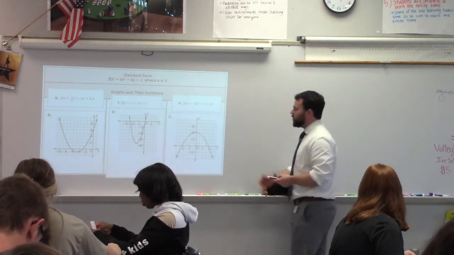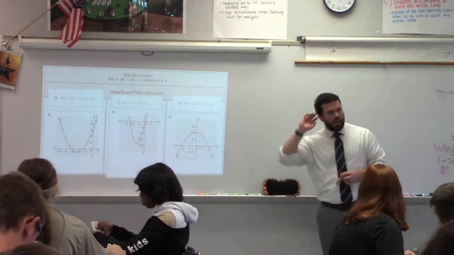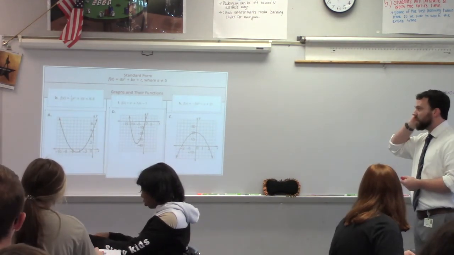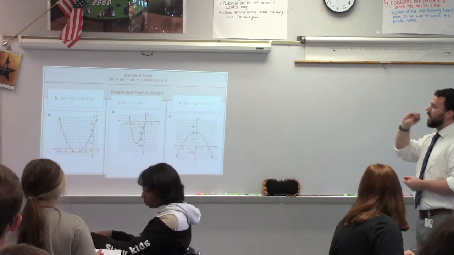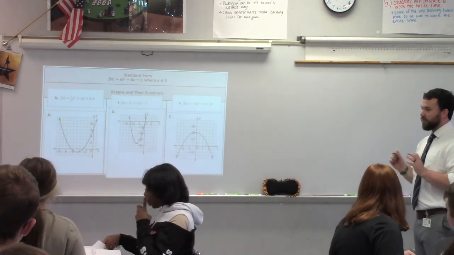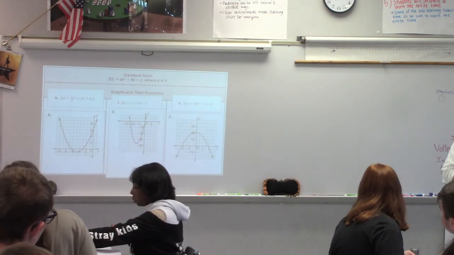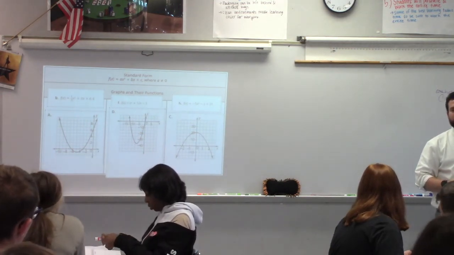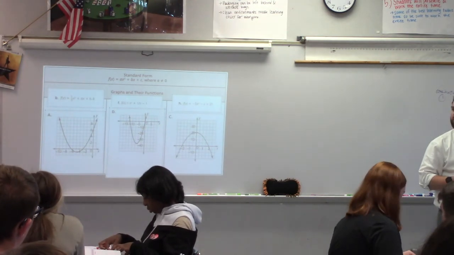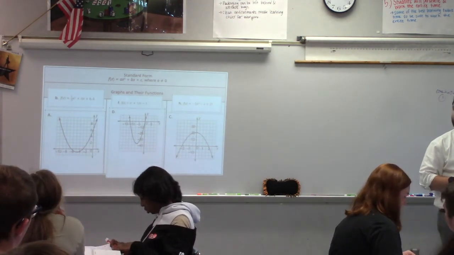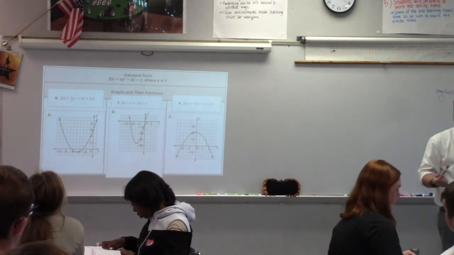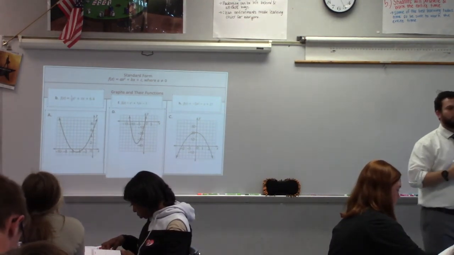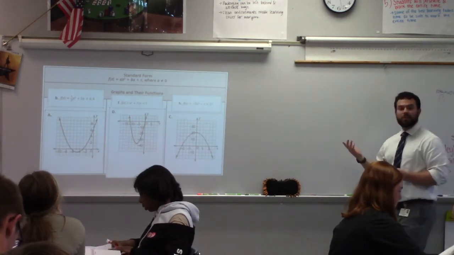A couple of things I do want to point out, because this should be a little bit of a struggle to wrap our minds around. When I look at equations B and F, I'm going to focus on just those two. How could I identify what the axis of symmetry is? Anybody remember? It's the line of symmetry, but how do I figure out the line of symmetry from the equation in standard form?